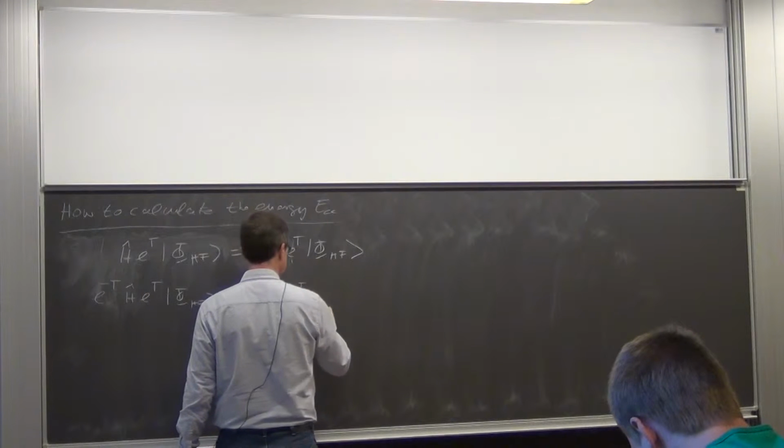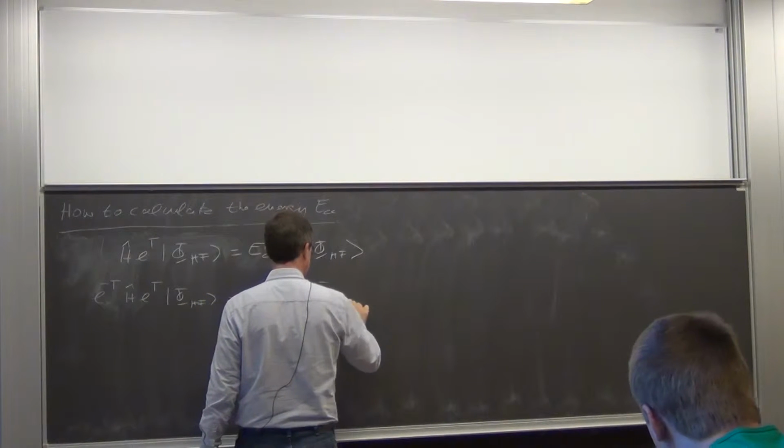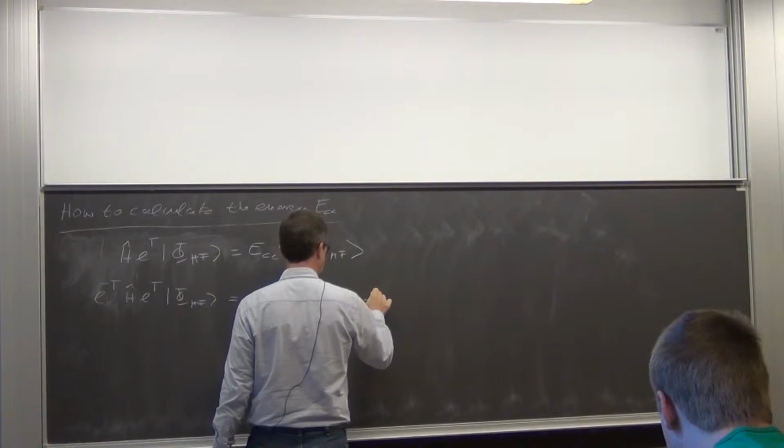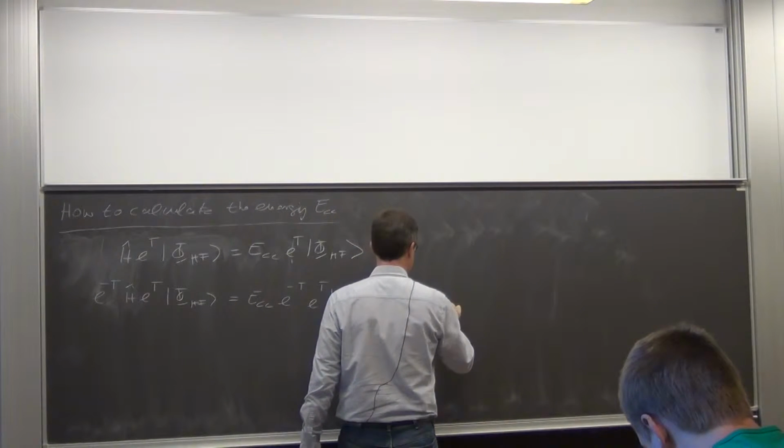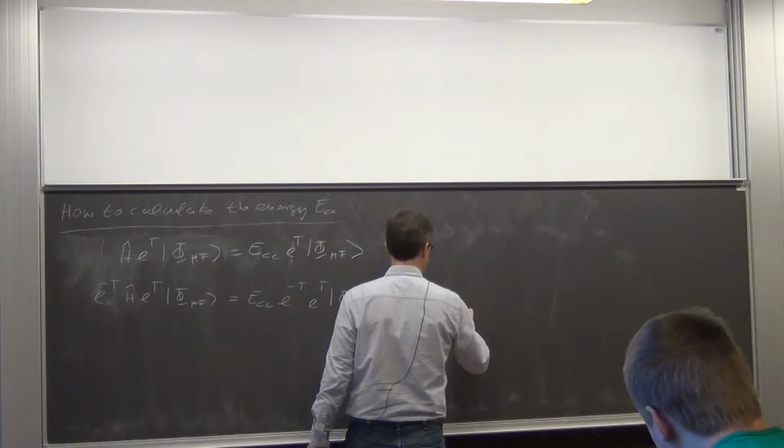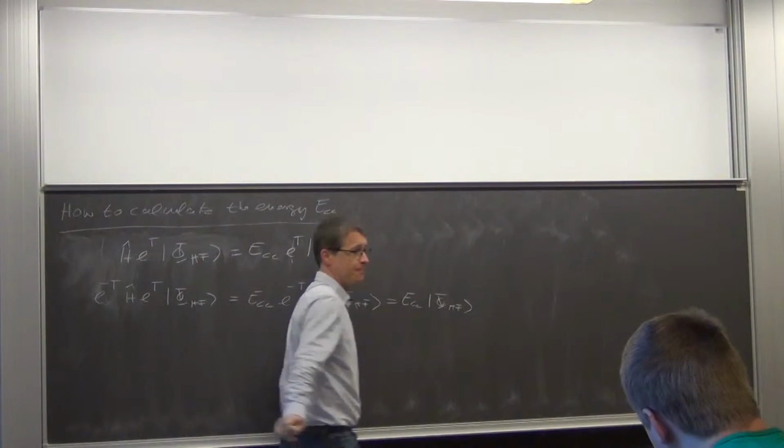And then I get e to the minus T e to the T Hartree-Fock, and that is then E coupled cluster, Phi Hartree-Fock.